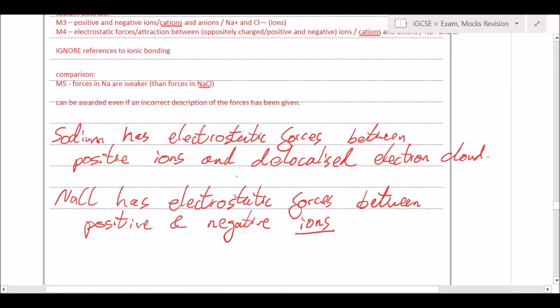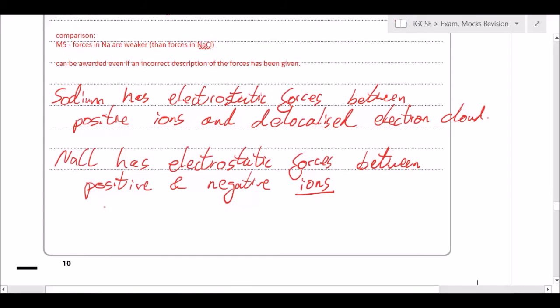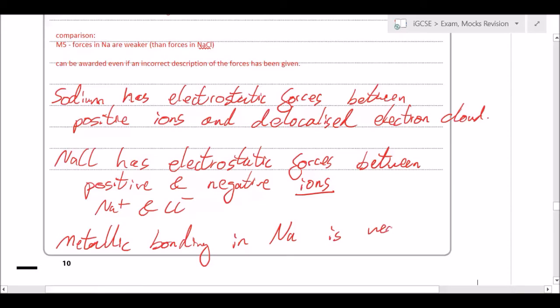Okay, and it's got Na plus and Cl minus, and then a comparison. Metallic bonding in Na is weaker than ionic bonding in NaCl. Okay, and that will cover all your bases.